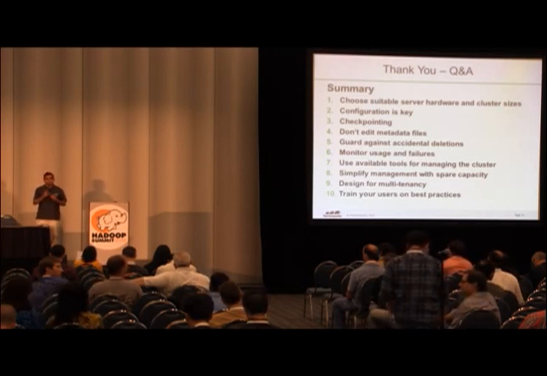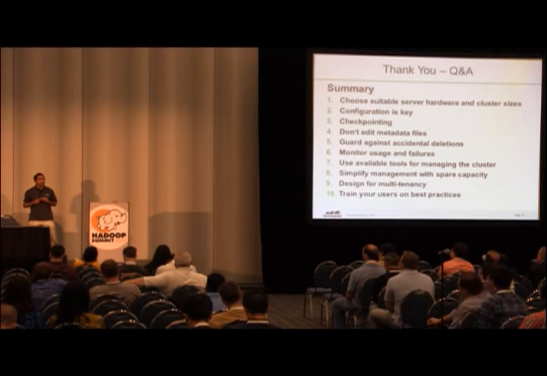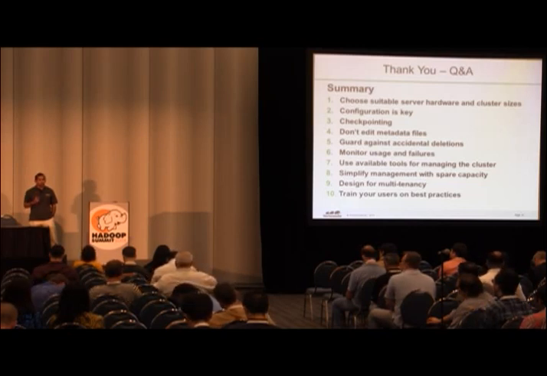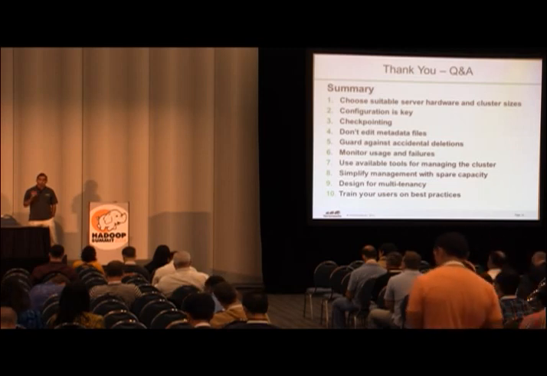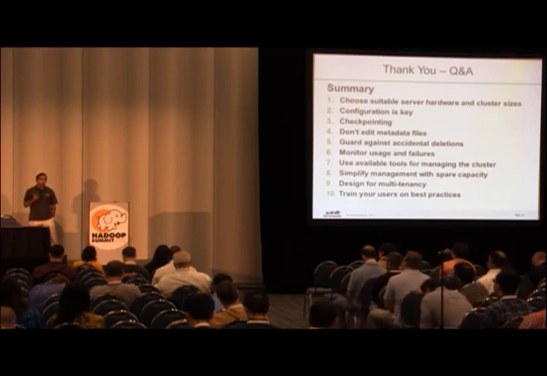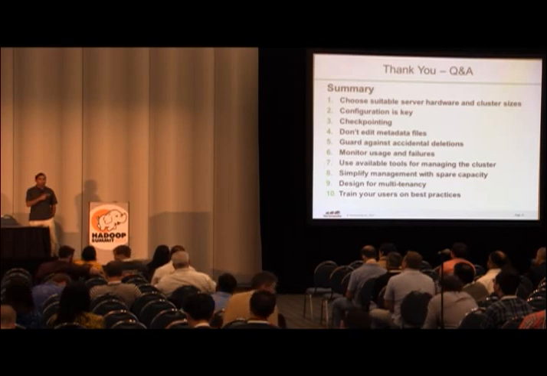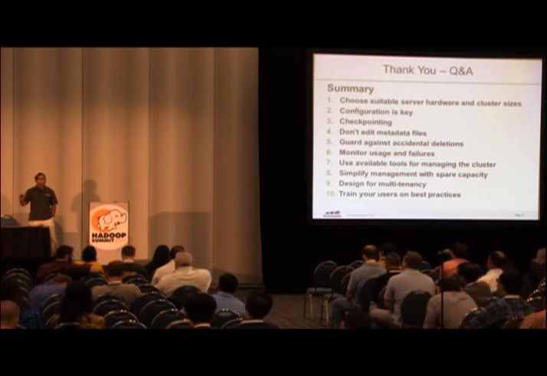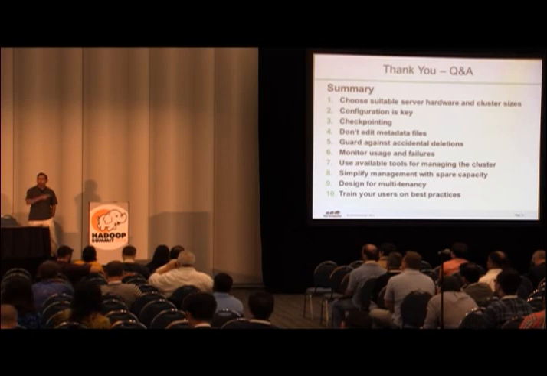So that's a great question. The question is, do you have any best practices for upgrades, and can you also talk about some of the future upgrade changes that are going to come in Hadoop 2? The upgrades that we have today require an admin to do the right steps. When I talked about not editing your metadata files, one such incident was somebody upgrading to a new release, and then rolling back within the same new release, and thus losing their ability to roll back to the older release, right?